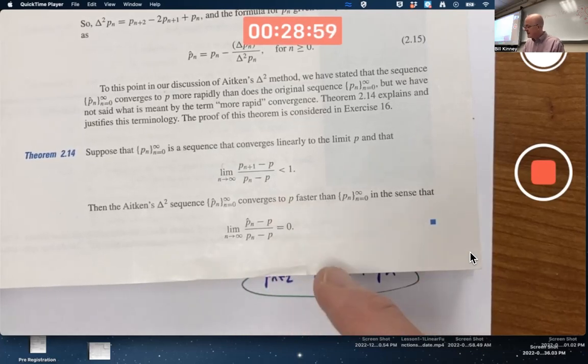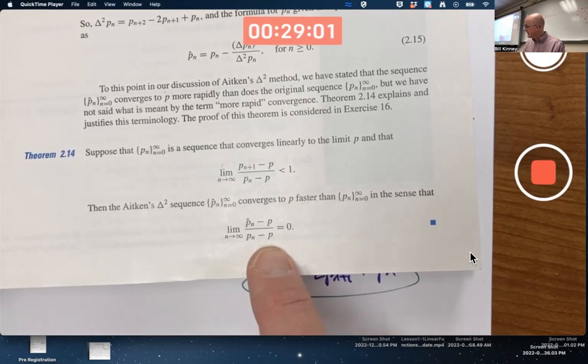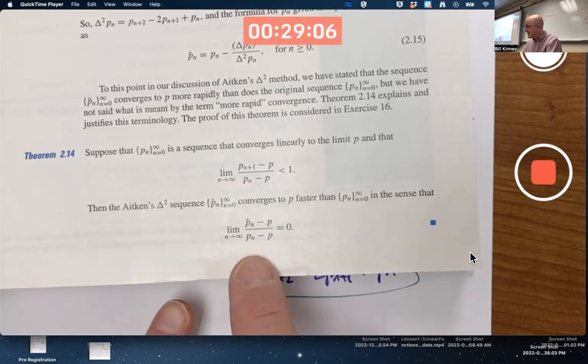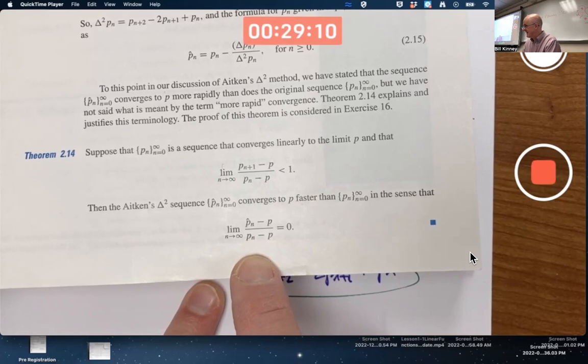So the numerator is converging to 0 faster than the denominator here. That makes sense? This does not necessarily imply that P sub n hat is converging quadratically to p, just faster than P sub n. We're not going to prove this. In fact, the book doesn't prove this.